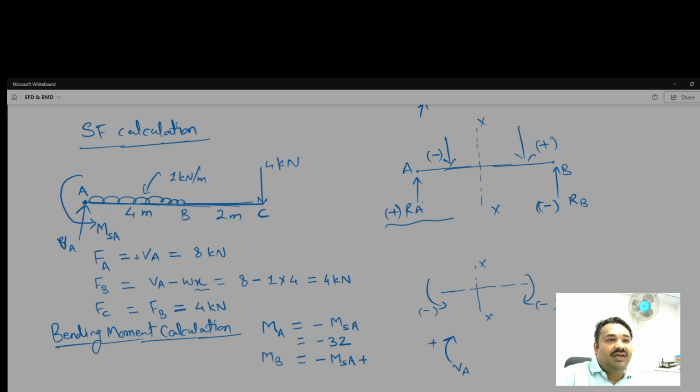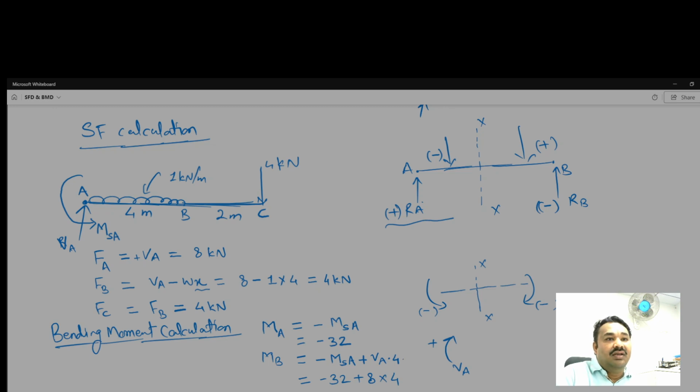So VA multiplied by 4 meter from B. So what we get is minus 32 plus VA, 8 multiplied by 4.